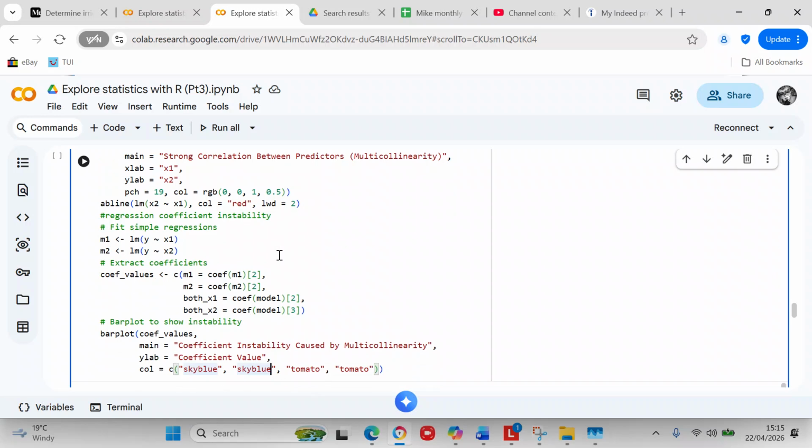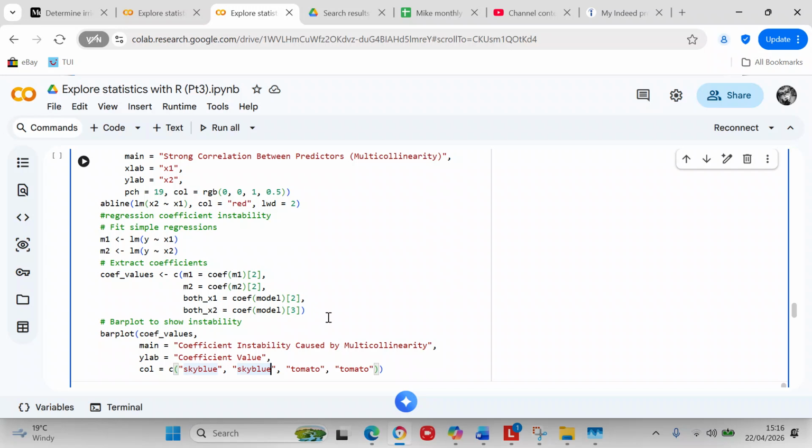And we're going to extract the coefficients. So coef values equals c, that's the vector you're creating, brackets M1 equals coef M1, 2, and M2 equals coef M2, 2. Both X1 equals coef model 2, and both X2 equals coef model 3.